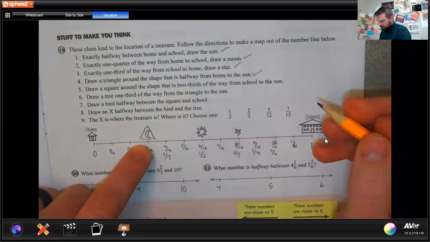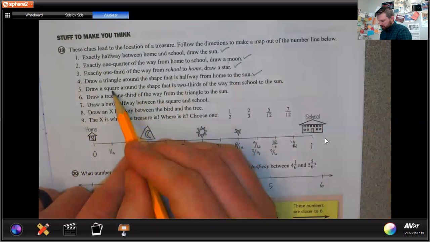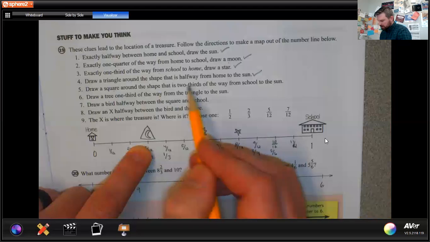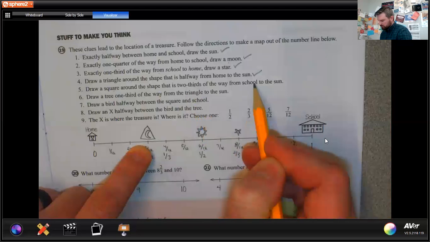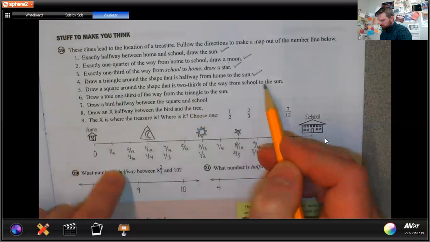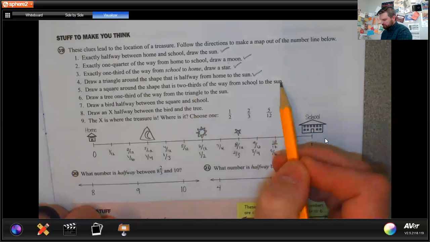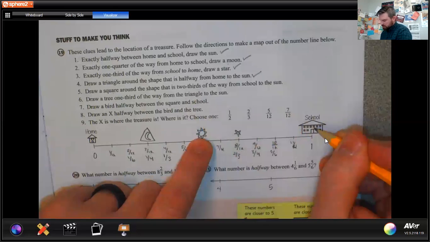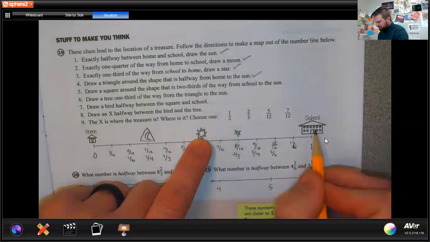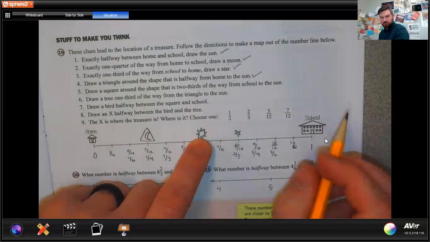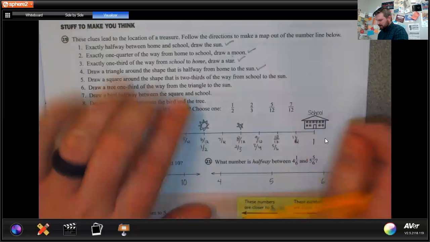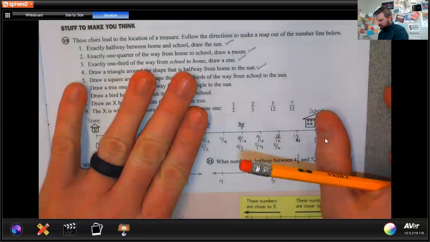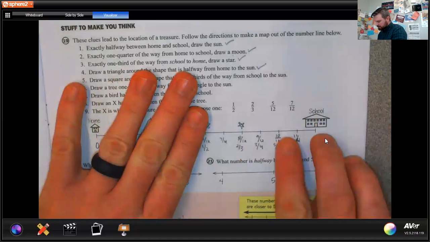Draw a square around the shape that is 2/3 of the way from school to the sun. Okay, so from school to the sun, I want to go 2/3 of that way. So if I split this, this one's a little bit hard to understand, but if I take this gap and I split it into thirds, I've got this.